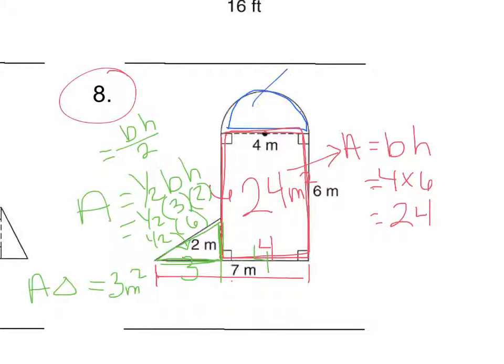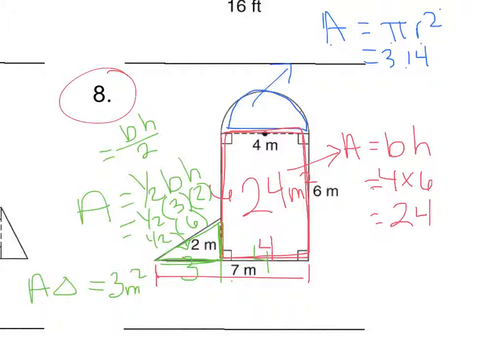Now I'm ready to start working on our semicircle. The area of a circle is found by area equals pi r squared, because I remember cherry pie delicious and apple pies are too. So that's how I remember that. We're going to use 3.14 for pi.